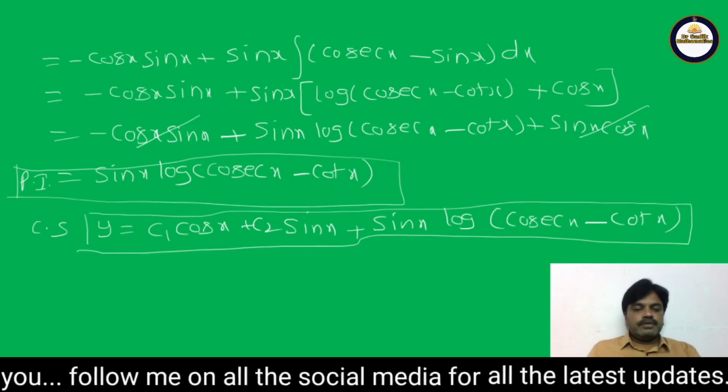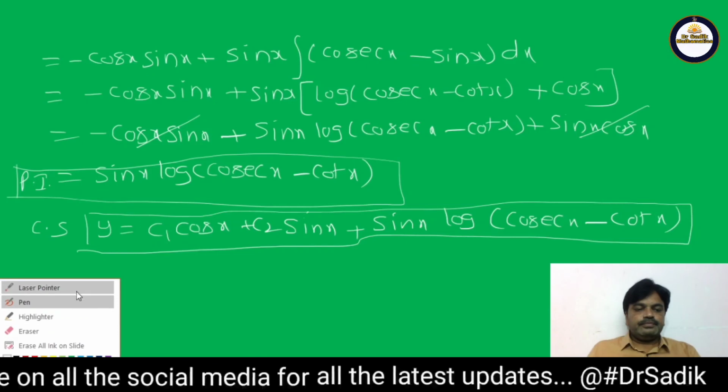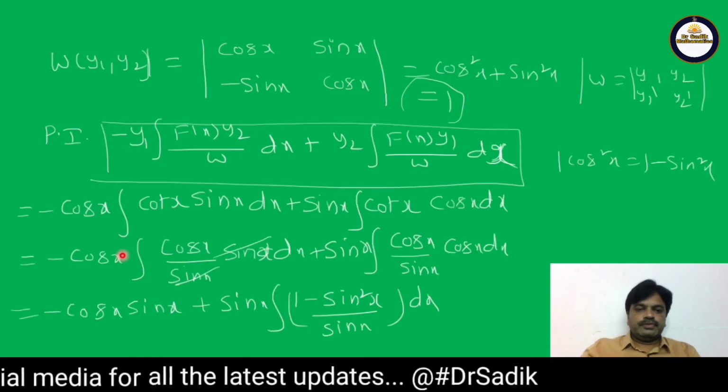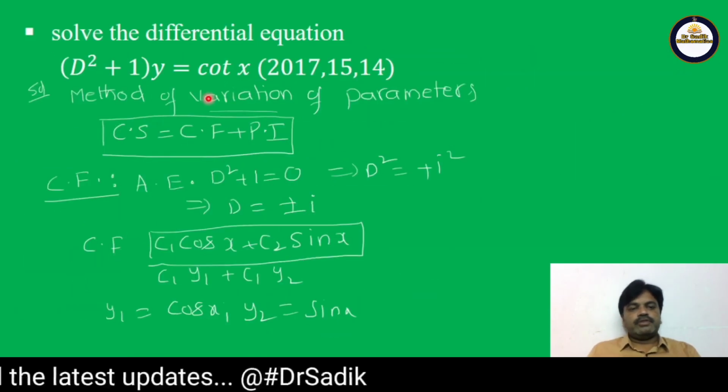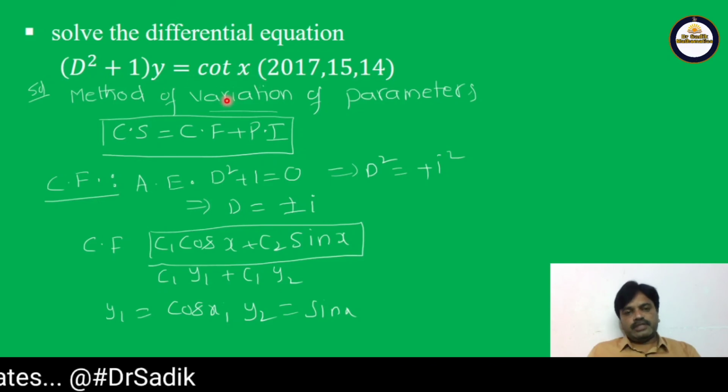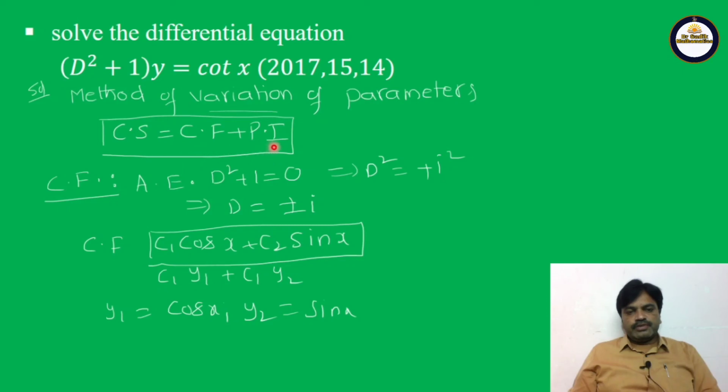Once again friends, this is a very important problem, D square plus 1 of y is equal to cot x. By the method of variation of parameters, the complete solution is complementary function plus particular integral. We write the auxiliary equation, get plus or minus i, and get c1 cos x plus c2 sin x.